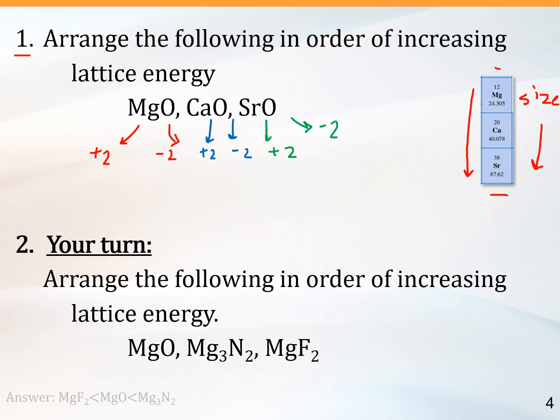Well, since we want to put them in the order of increasing lattice energy, the smallest lattice energy will be from the largest of these ions, which is strontium oxide. Then we have calcium oxide. Then we have magnesium oxide. Size comparison.